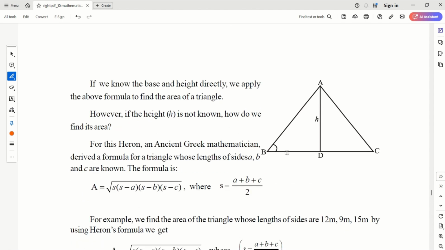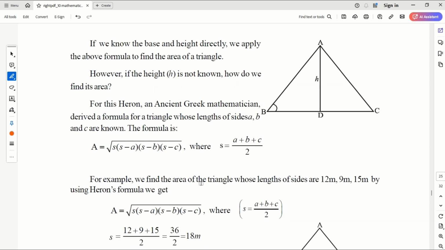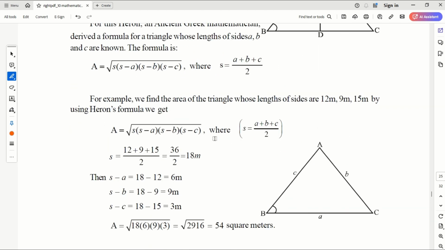Heron, a Greek mathematician, proposed a formula: A is equal to the square root of s into s minus a into s minus b into s minus c, where s is equal to a plus b plus c by 2, half of the perimeter. S is the semi-perimeter.